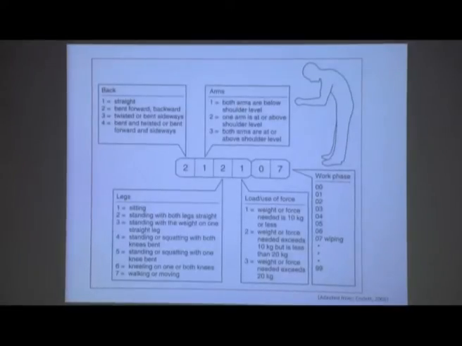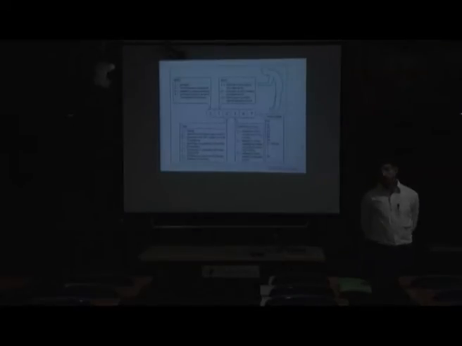We must have a basic understanding of the OWAS tool, then only we will be able to use it for our postural load evaluation using our digital human modeling software.